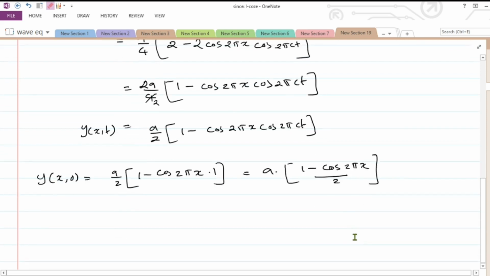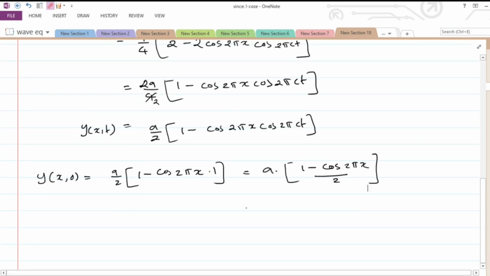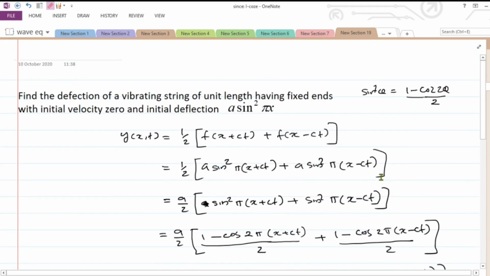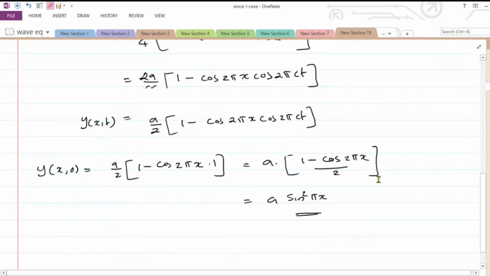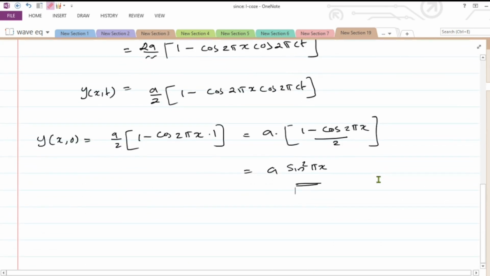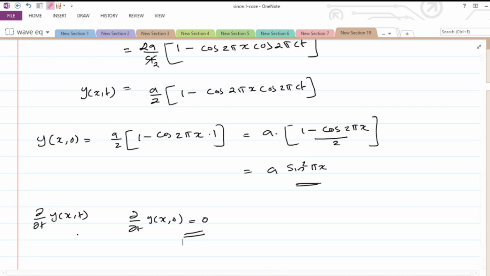So 1 minus cos 2 theta divided by 2 is equal to a into sine square pi x, which was the question. Now we can also check whether it satisfies the initial velocity, dou by dou t of y of x,t, and we can find dou by dou t of y of x,0 equal to 0. Please try yourself, you will get it.